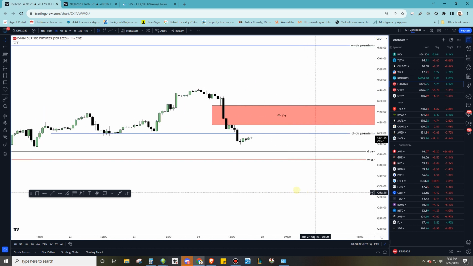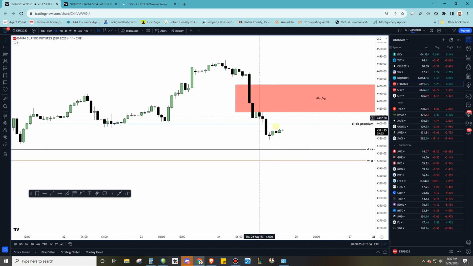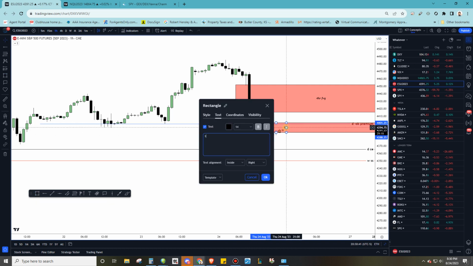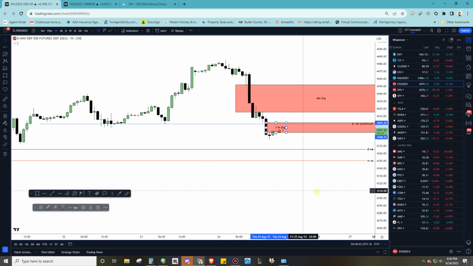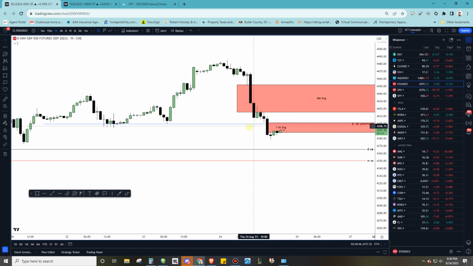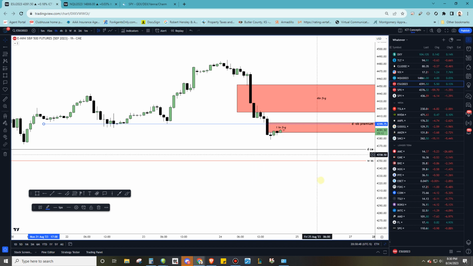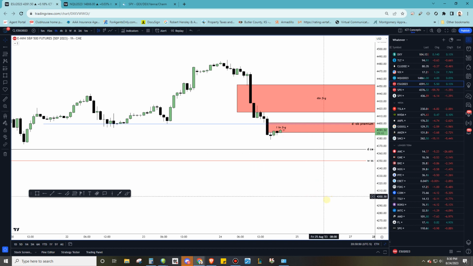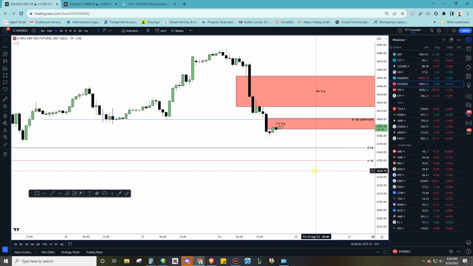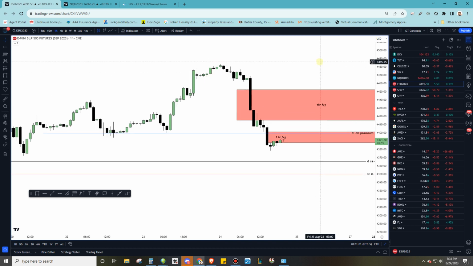Now we drill down to the 1 hour, and we did get a fair value gap right there in the 1 hour, and we're trying to trade up into that 1 hour fair value gap. That's right into that premium order block that was created today. If we start moving into these areas, you start getting a little worried as a bear, thinking maybe they're going to target these upper levels of liquidity.